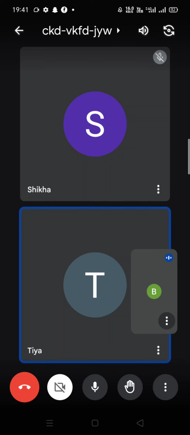Any one vocabulary, which vocabulary you liked most, that one you will be writing in your copy. After that there will be a reading session in the app, and you have to read it at least 3 times. And there you have to keep your volume as high as possible, with too much sound in your voice.